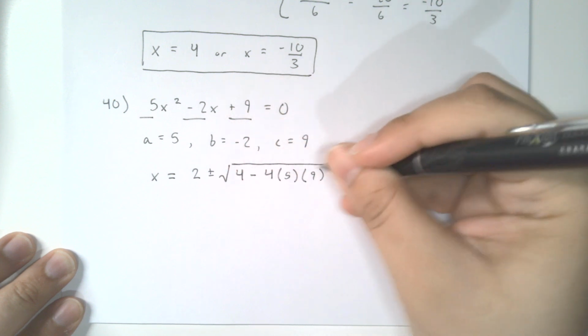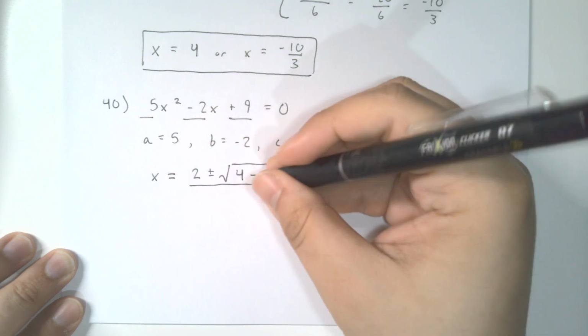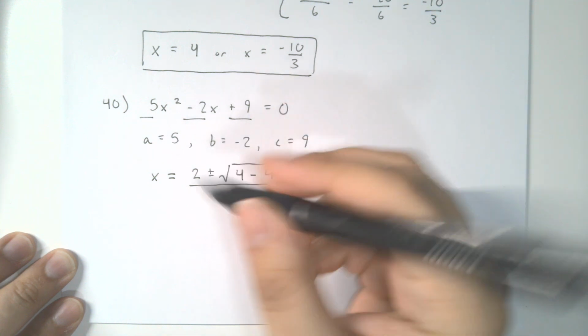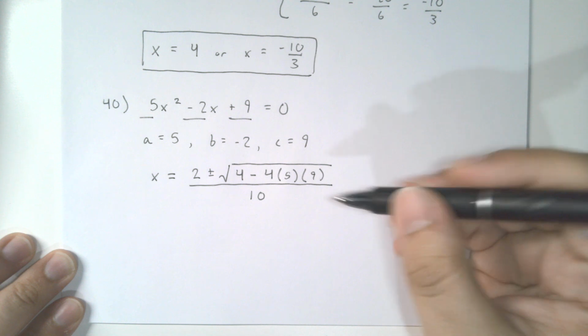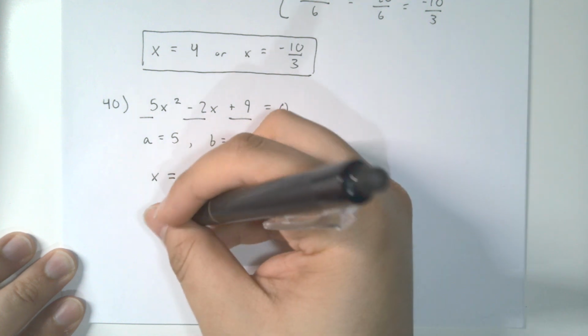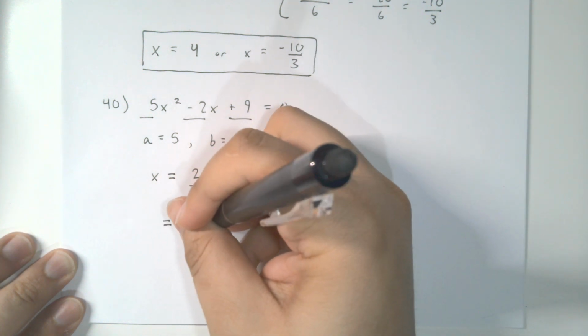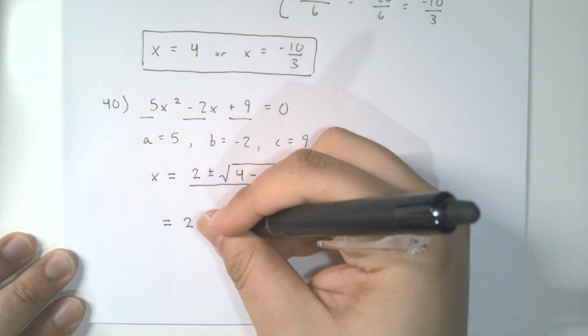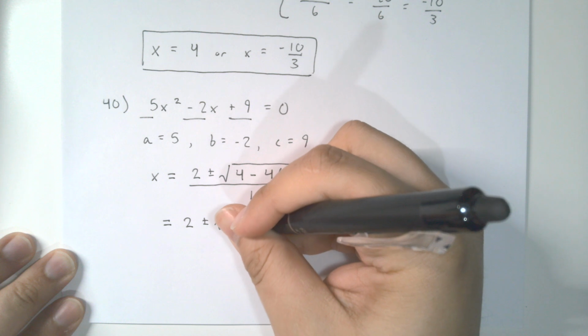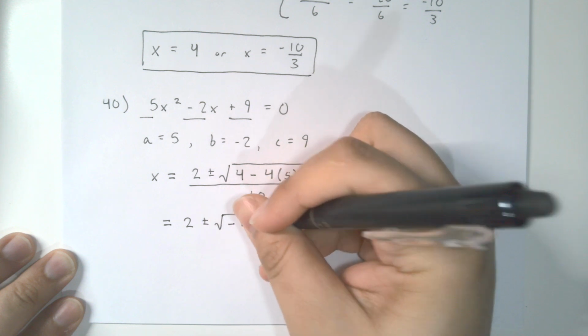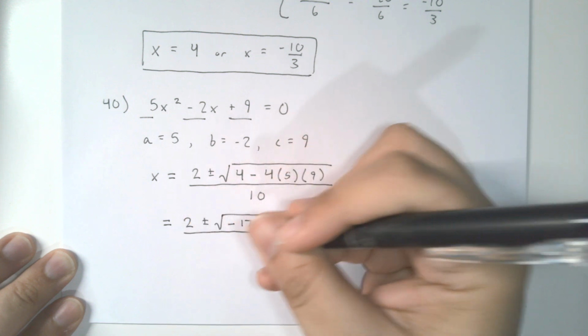So the square root of all that, all over 2 times a, so 10. So putting our discriminant into the calculator, we're going to get 2 plus or minus the square root of negative 176 all over 10.